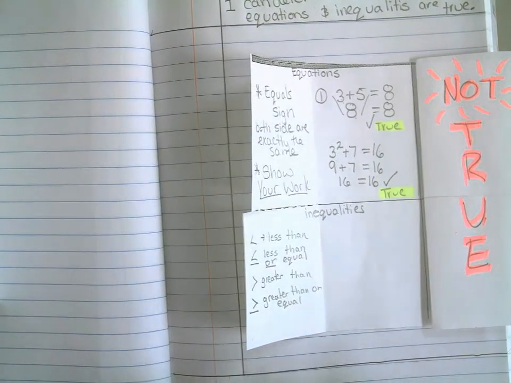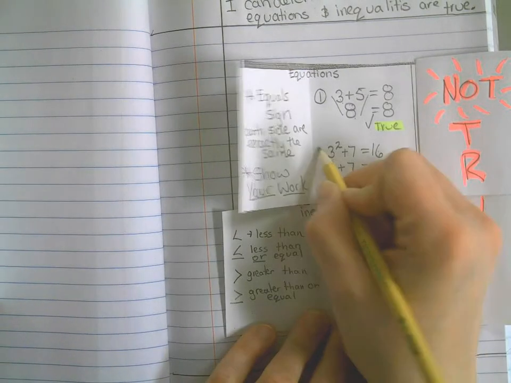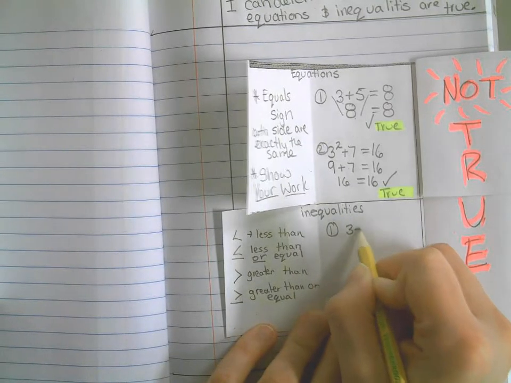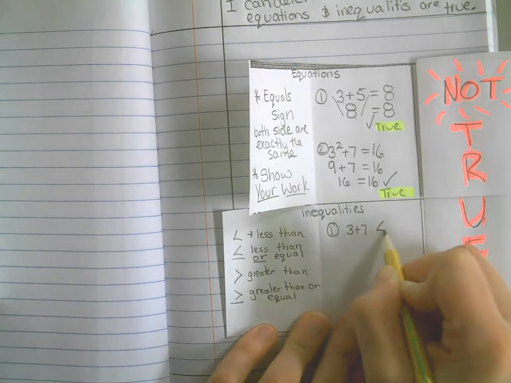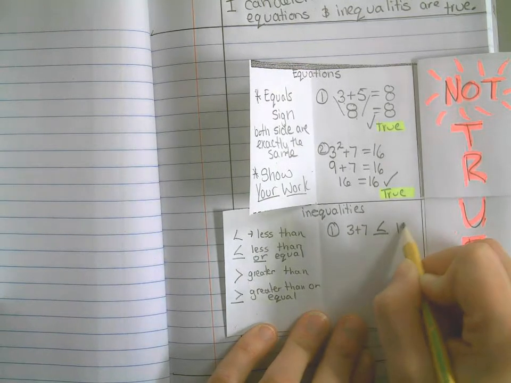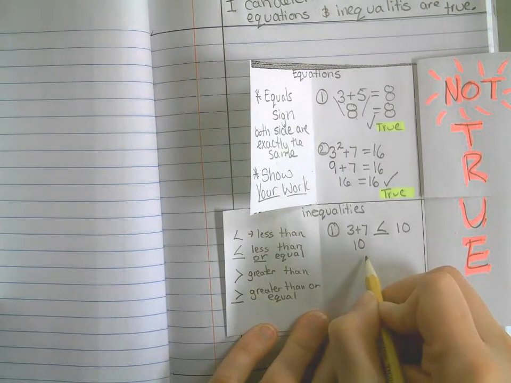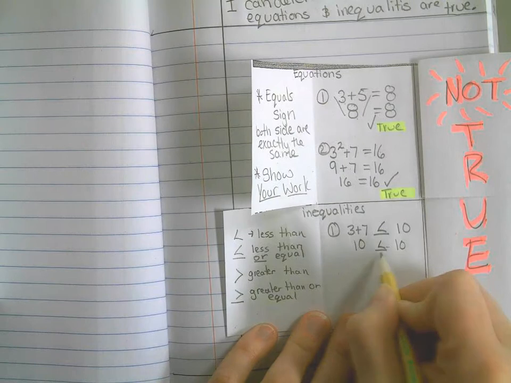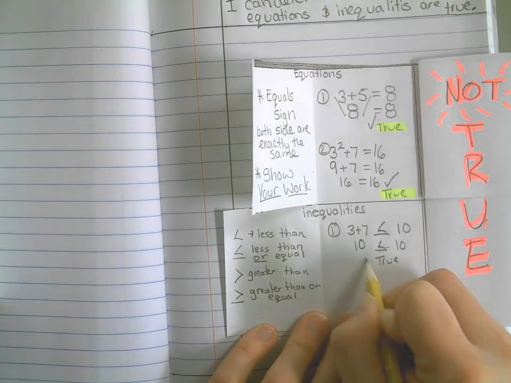Again, these are set up just like an equation. Okay, so you might have something like 3 plus 7 is less than or equal to 10. Well, 3 plus 7 is 10. So that is less than or equal to 10. It's not less than 10, but it is equal to 10. So that is true.